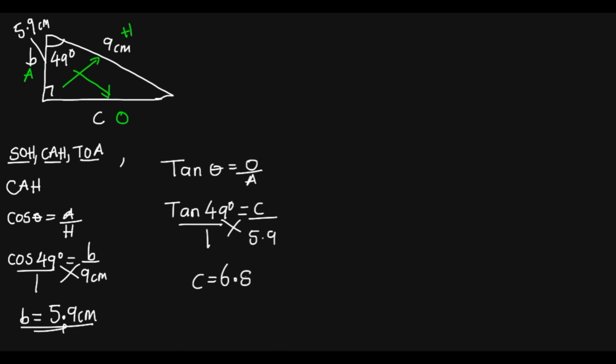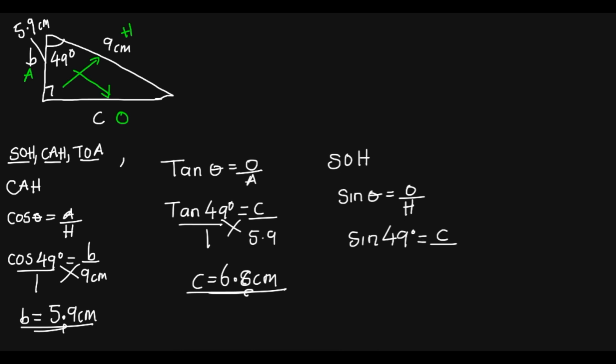So 6.8 centimeters. Now let's also find the same distance C using the sine part, since we can see that under the SOH we have the opposite, the one we are solving, and the given distance, which is the hypotenuse. So this is sine theta is equal to opposite over hypotenuse. So here we have sine 49 is equal to our opposite C over the hypotenuse, 9 centimeters.